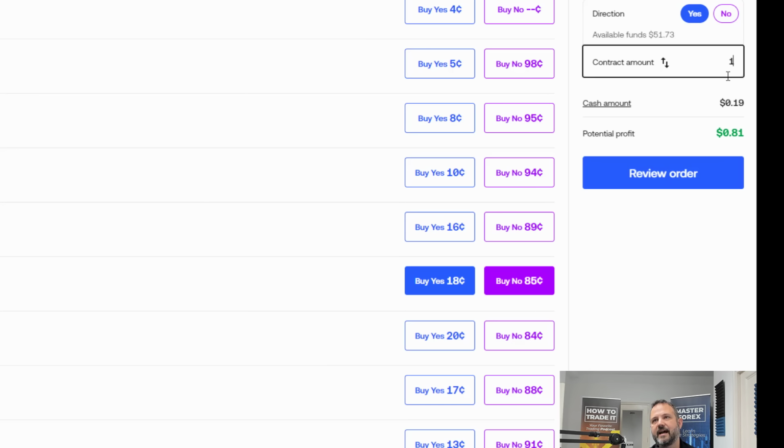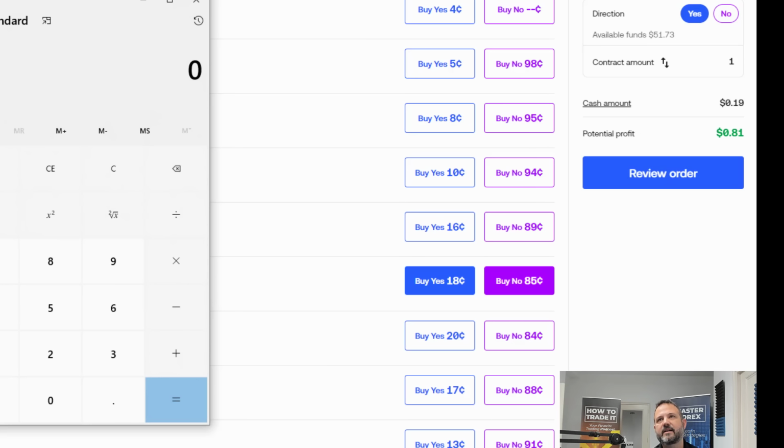So let's see how many, the contracts cost 19 cents. And so you can notice one of the big benefits of this is it doesn't cost a lot of money to practice your trading. So we're going to pull up a calculator here, and we're going to see, since my account balance is $51, how much we can fit in there.